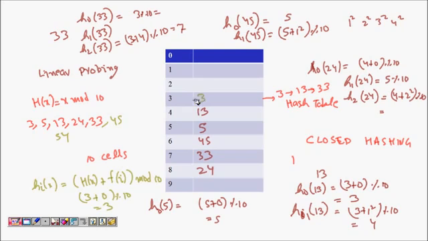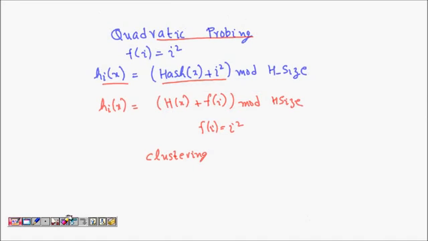So at 3, if we put 33, it will occupy the next cell, 43 will occupy the next cell after 2 collisions, and so on. So it was not that good. But quadratic probing makes a lot of holes and fills the hash table, so there will be fewer collisions. So this is quadratic probing. I hope you understand this. Thanks a lot.